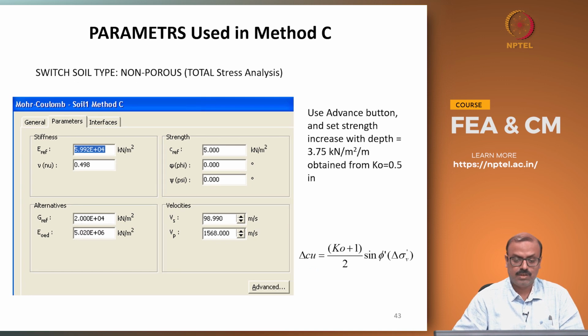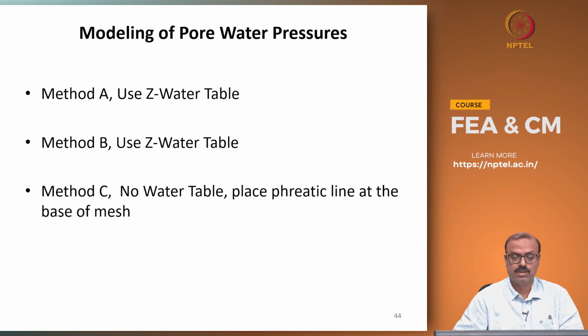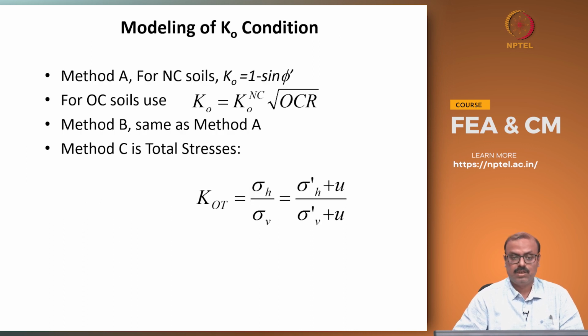And if it is method C, everything is total, so we have again used the total stress or total strength properties. For the top 2 cases, A and B, we use the conventional way of handling the water table, which I just explained. It is a Z type water table. In method C, there is no water table; it is non-porous. So, place a fixity line at the base of the mesh, and you have the modeling of the K0 conditions.